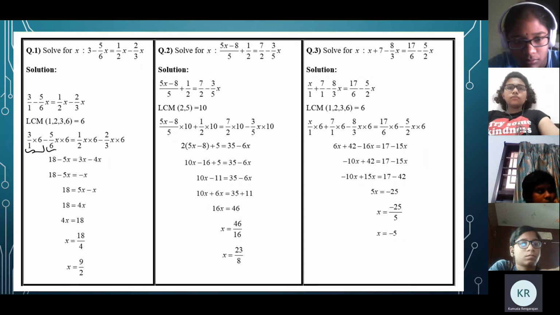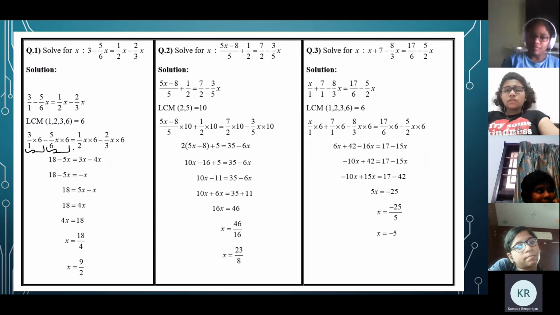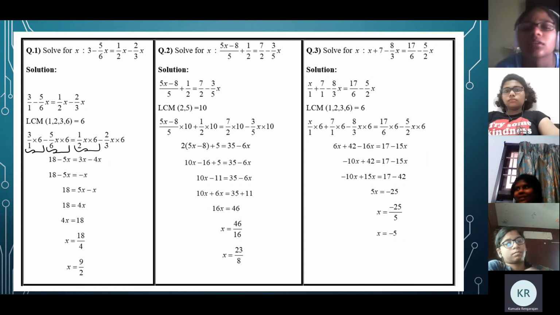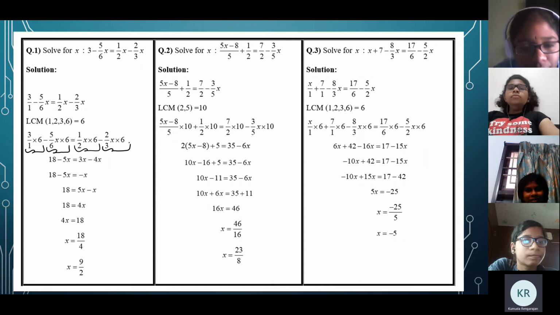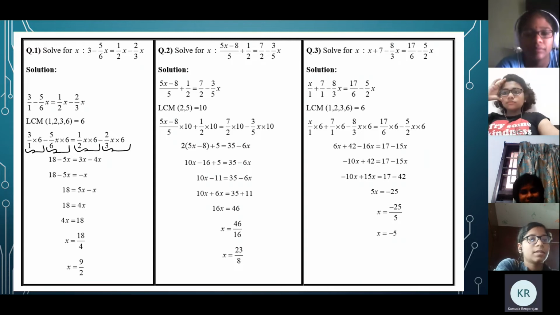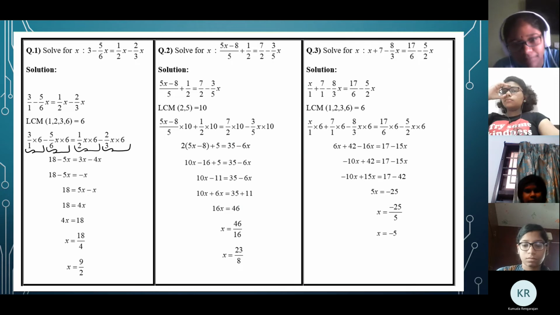Minus 5 by 6x is the second term, multiply by 6, is equal to the third term, half x, multiply by 6, minus the last term, 2 by 3x, multiply by 6. Is this step understood? Every term is multiplied by the LCM. Yes, ma'am.